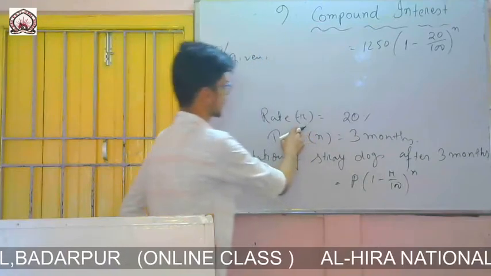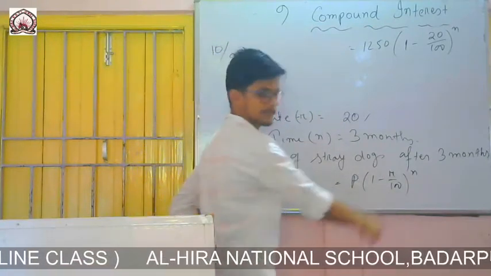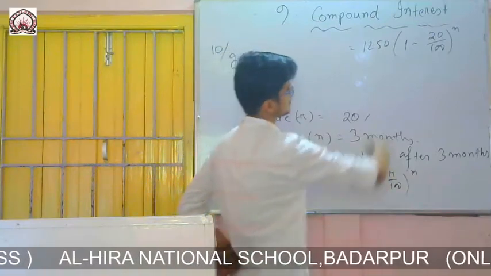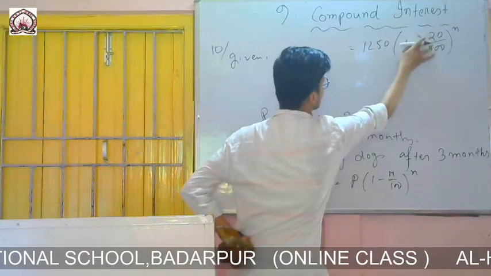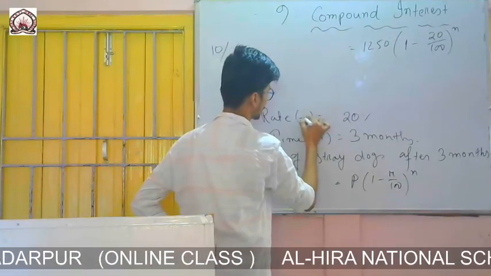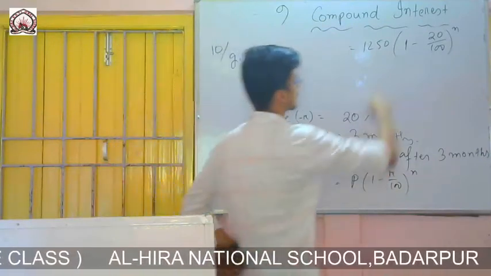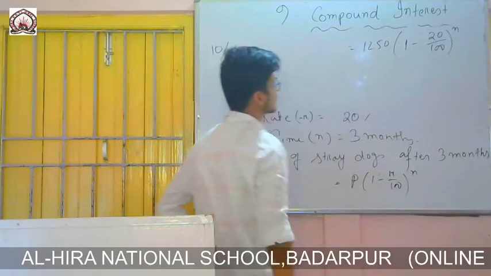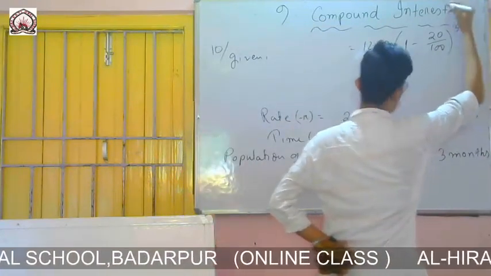It will be better. That means we can directly write it in the formula; otherwise you have to give plus and on the next line make it minus. So directly write minus R here, and the rate will show as minus. So 1 minus 20 by 100 to the power n, here it is 3 months.